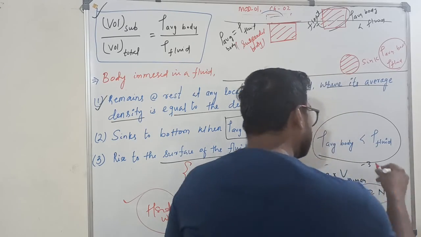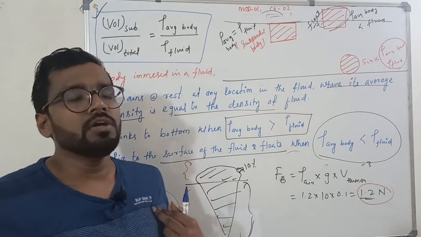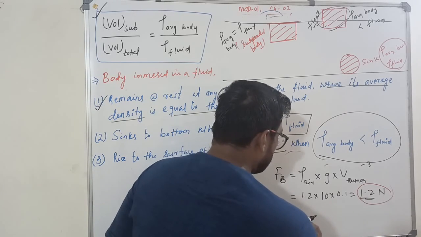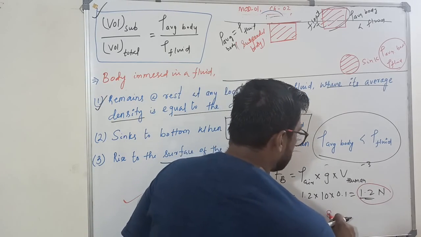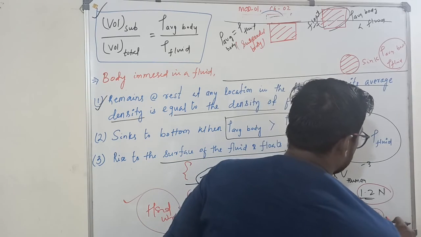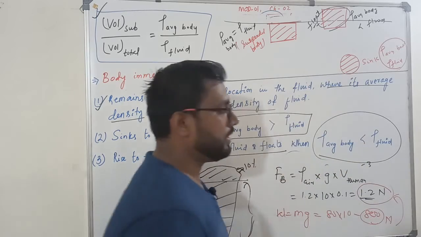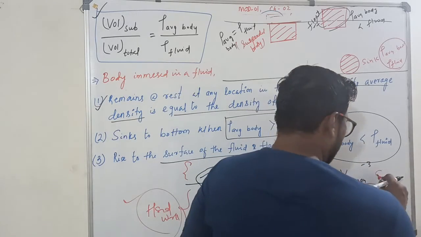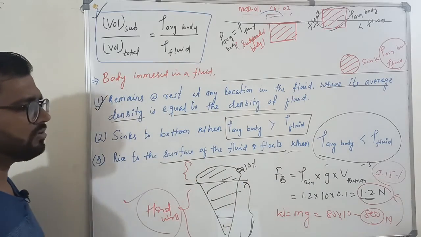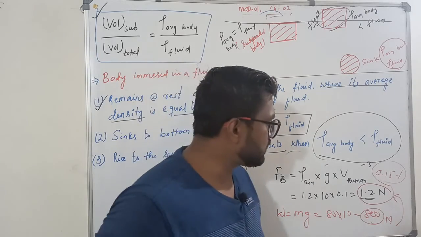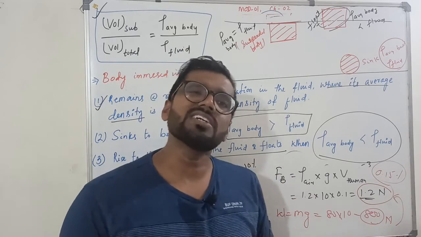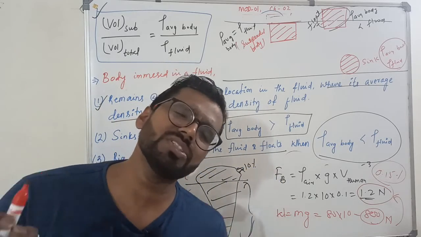So the buoyancy force acting on my body is 1.2 Newton. What is my weight? M into g. Let us say my weight is 80 kg, so 80 into 10 is 800 Newton. Against 800 Newton, the buoyancy force is 1.2 Newton, so the error is very small, nearly 0.15 to 0.2%. That's why we neglect it, because the buoyancy force is very small.